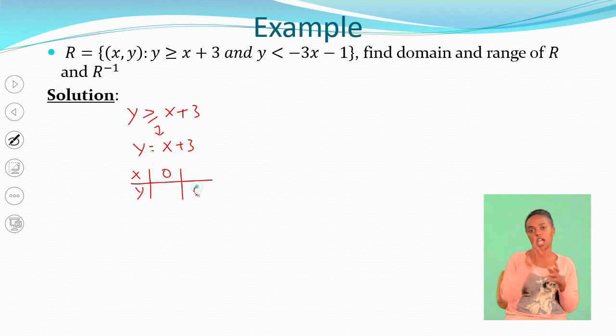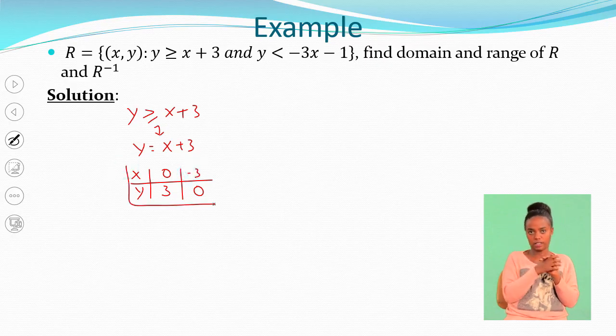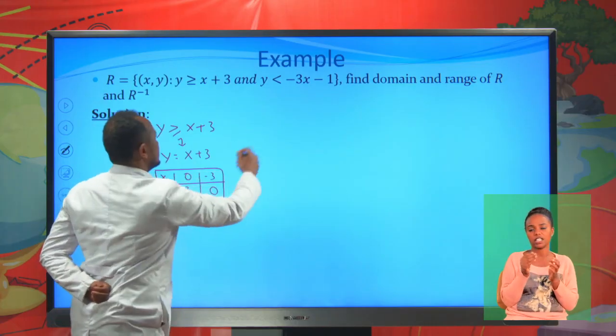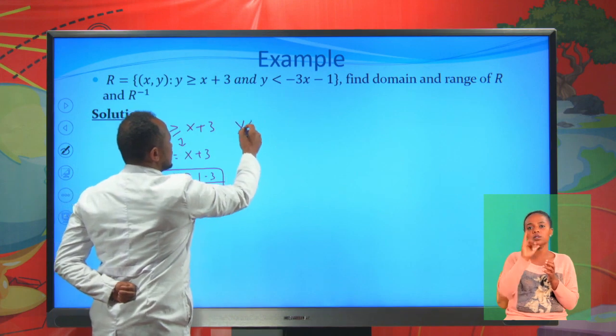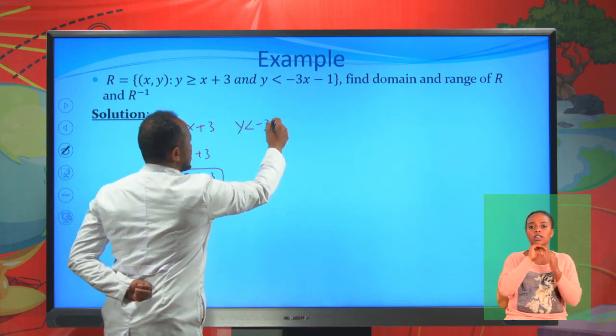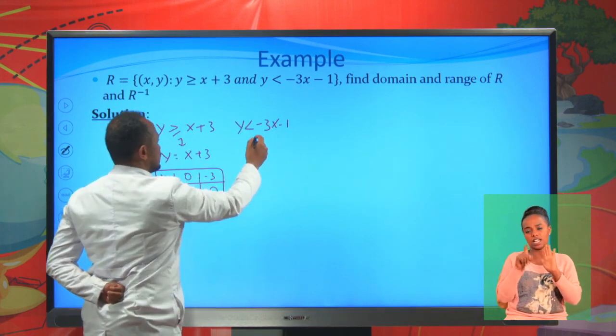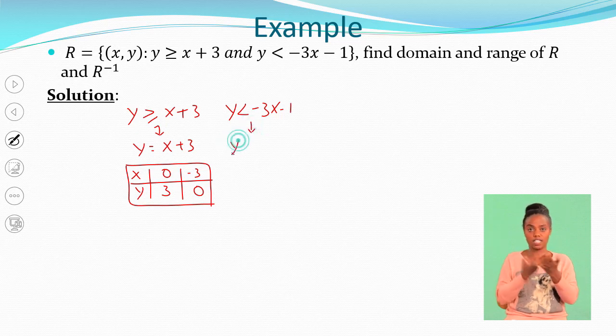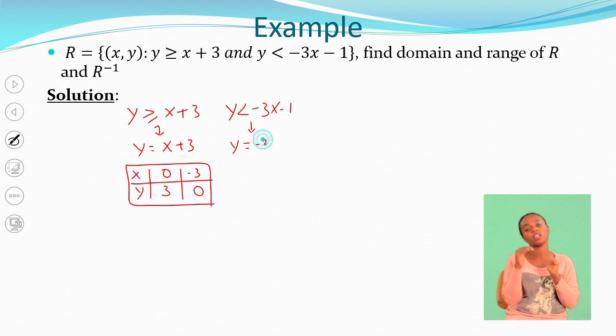Taking only the intercepts, when x is 0, 0 plus 3 is 3. And when y is 0, x will be negative 3. You will have this one. And the other line, y is less than minus 3x minus 1. Convert this into an equation, y equals minus 3x minus 1.